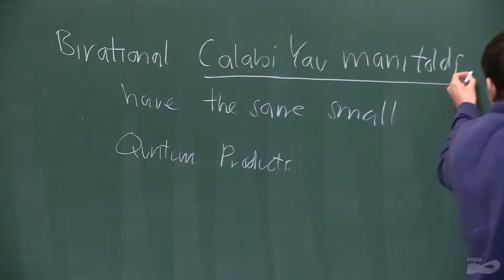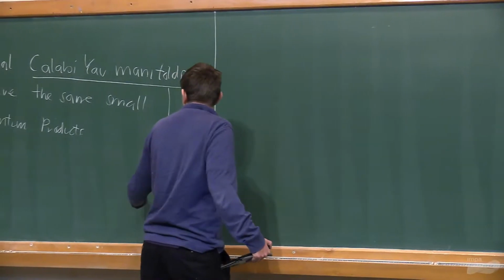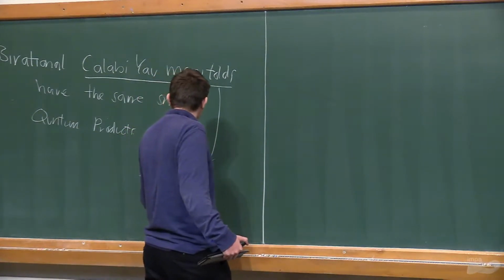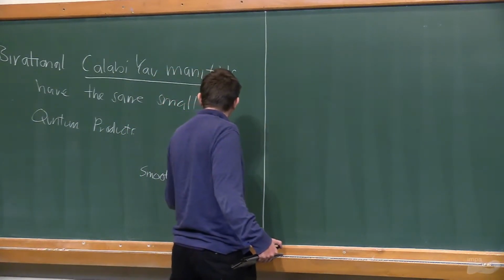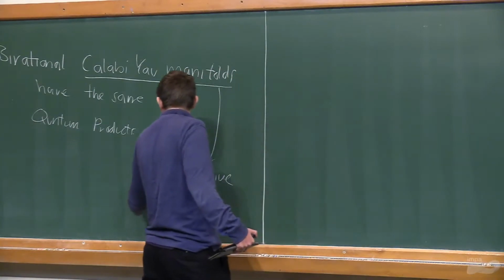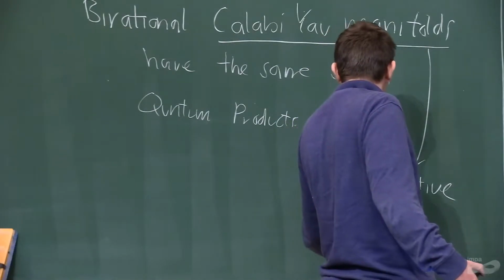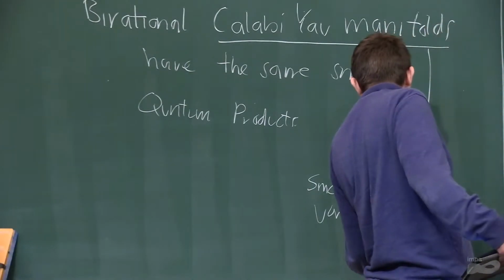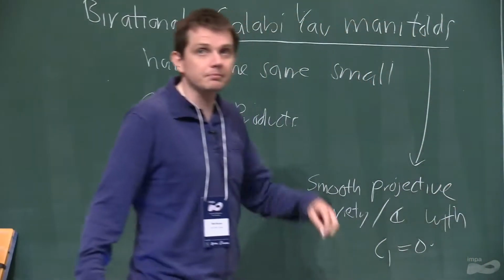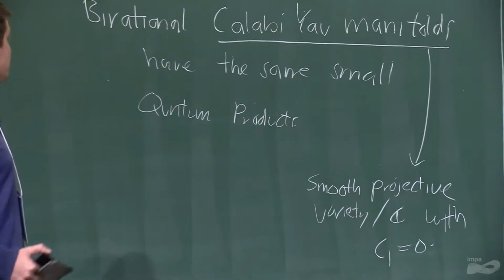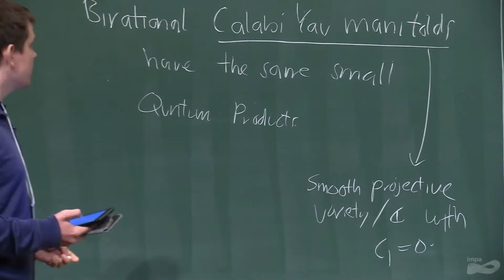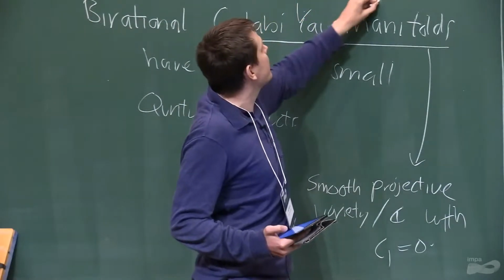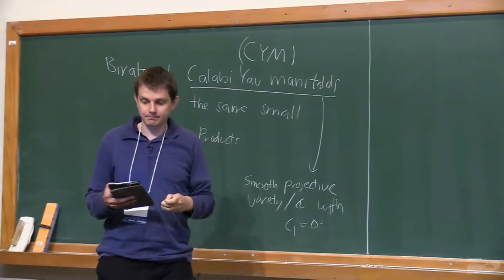So by Calabi-Yau manifold, I mean a smooth projective variety over C with C1 equals 0. Okay. And maybe I should abbreviate Calabi-Yau manifold by CYM like this as well.